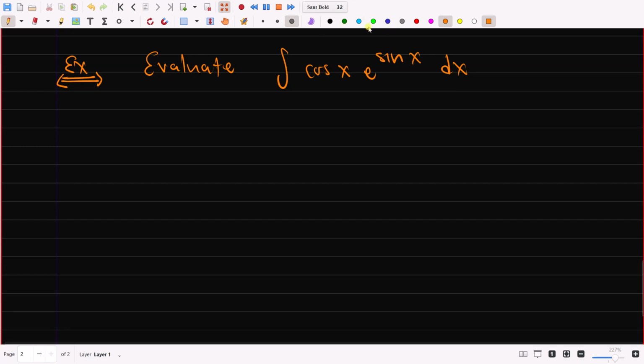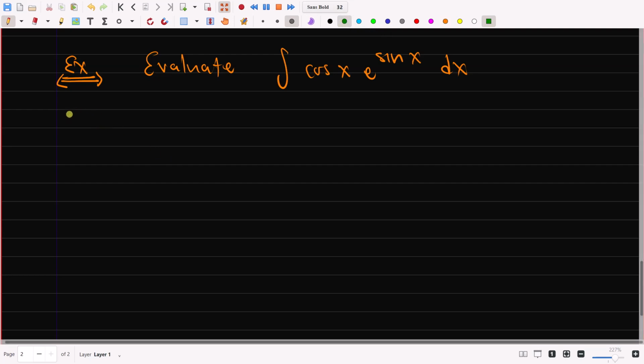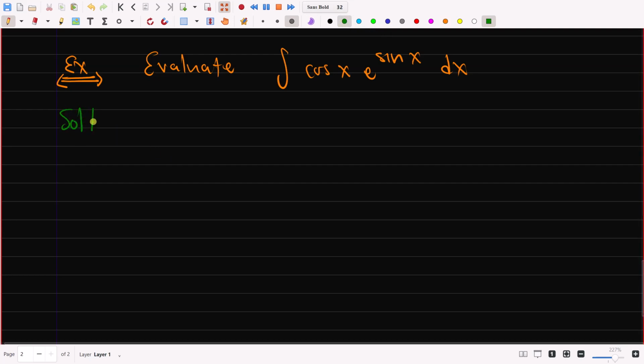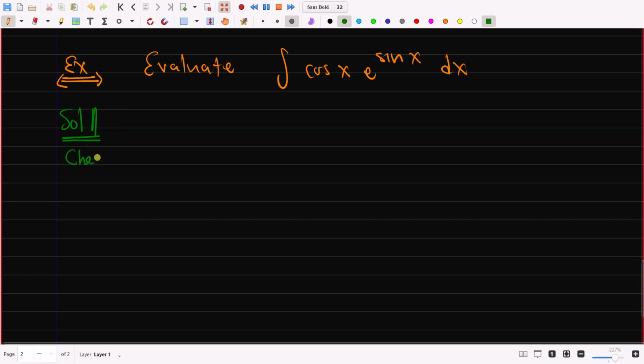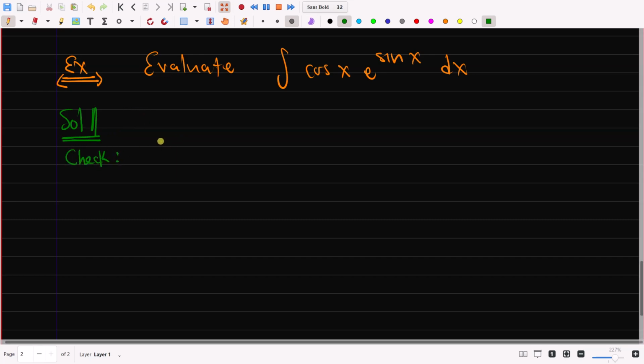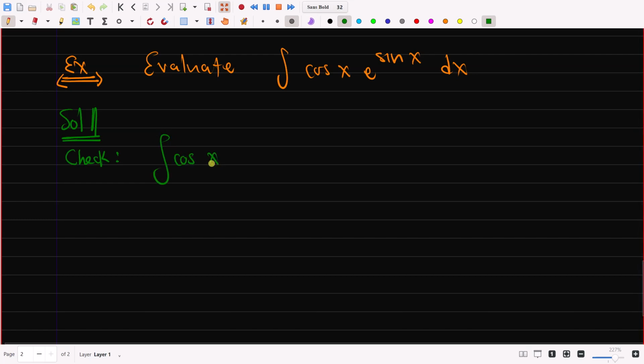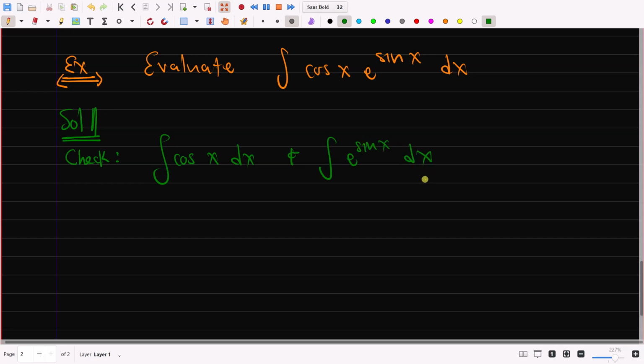So how do we go about the evaluation of such an integral? First we analyze these two separate integrals. First I look at the integral of cos x dx, and then I look at the integral of e^(2 sin x) dx.